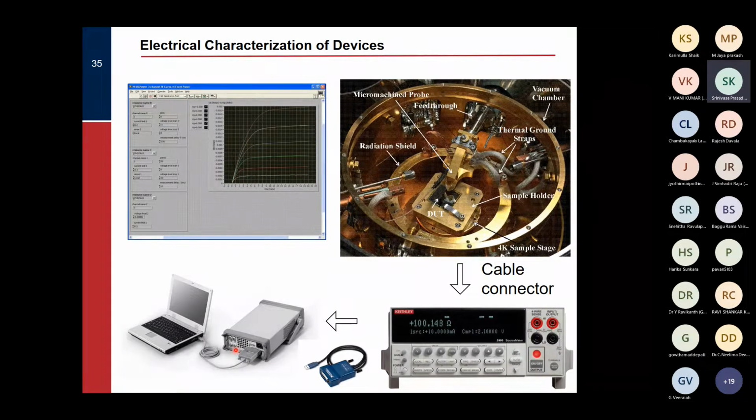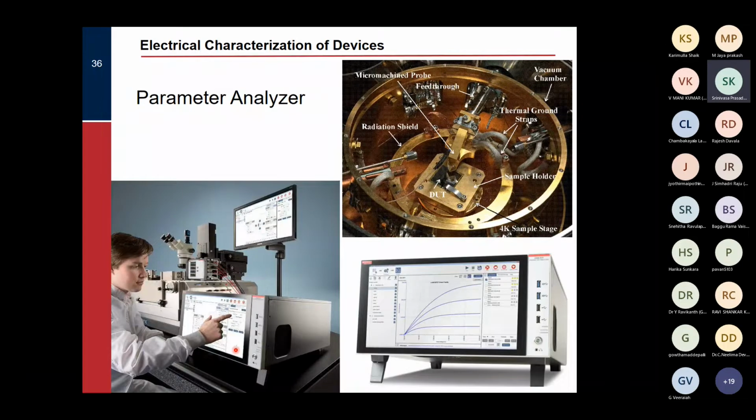Alternatively, if you do not want to do that much manual exercise, then you can use something called a semiconductor parameter analyzer. Now, of course, this is a slightly expensive system. Here you can see this is something which looks like this. This is like a touchscreen kind of unit. This one works on behalf of the computer and the meter itself.